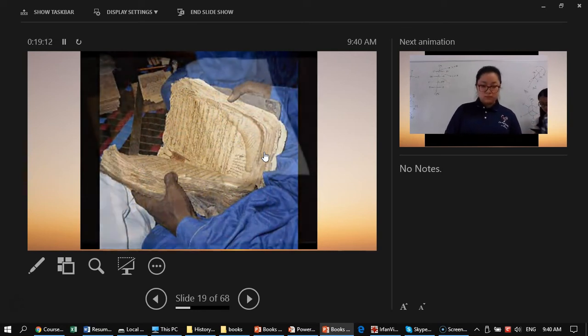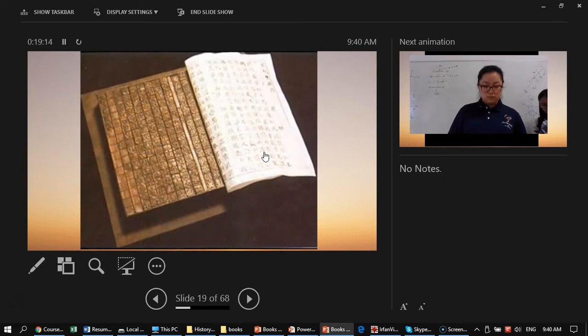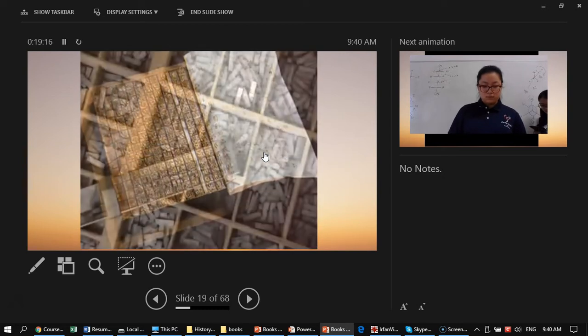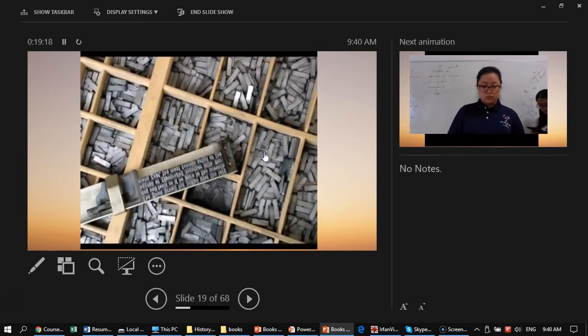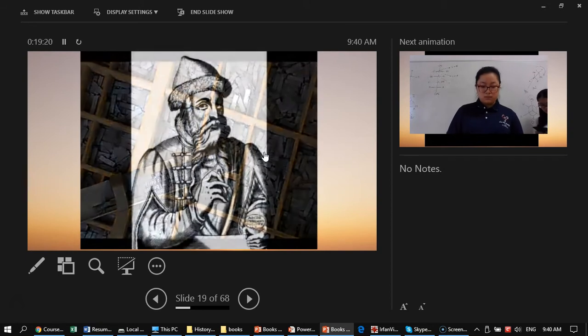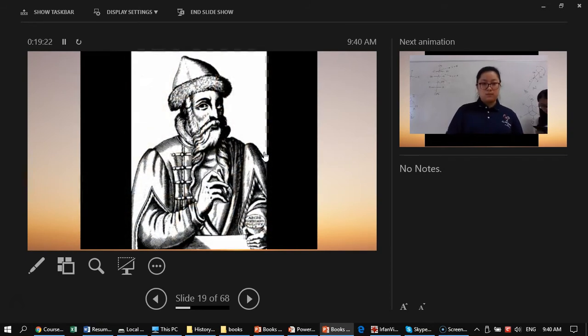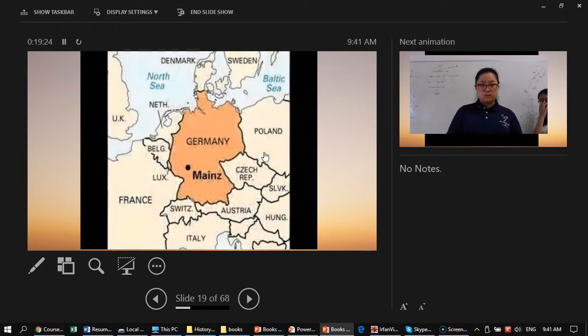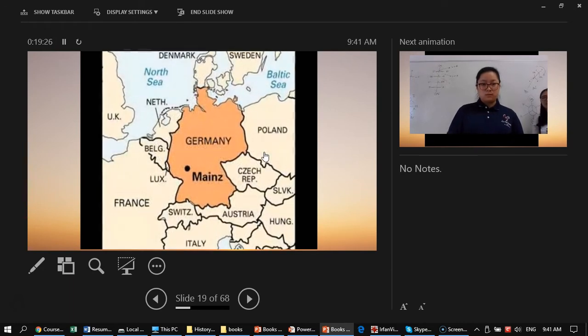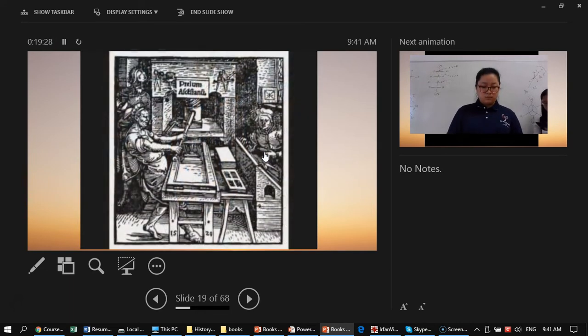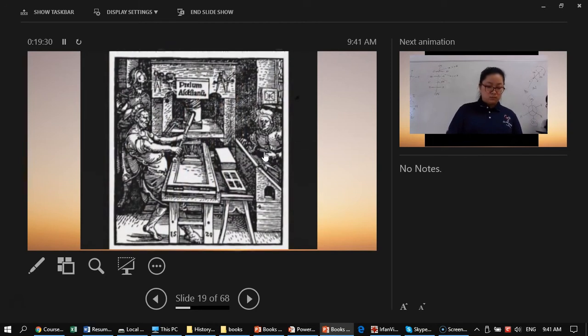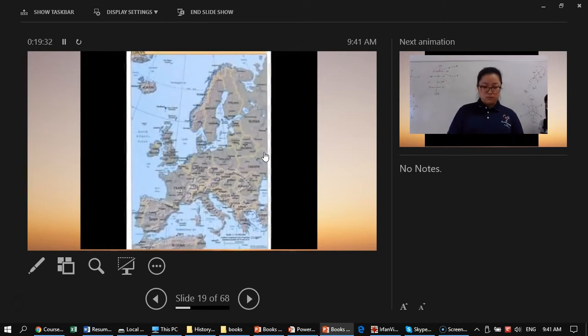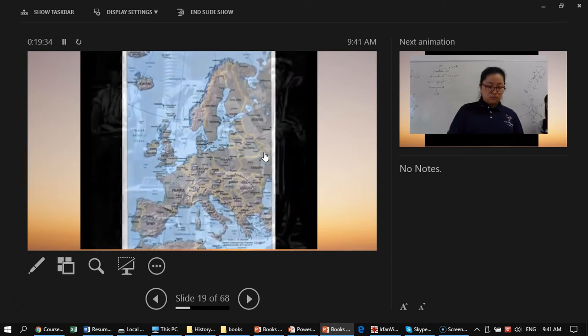But it wasn't until around 1450, with the invention of printing with movable type, that things began to progress for the book. Johann Gutenberg invented the printing press in Mainz, Germany. Many copies of a book could be made now in the same time as one could be hand-copied. By 1500, printing presses were in 300 European cities.